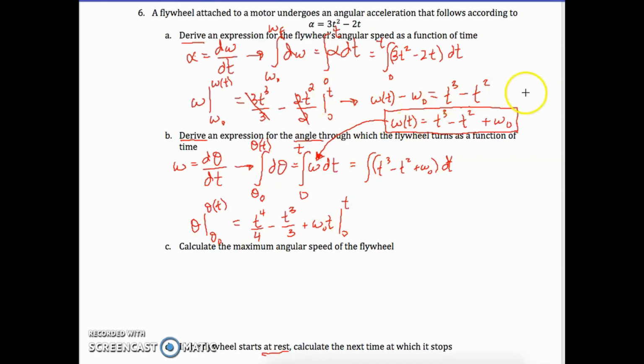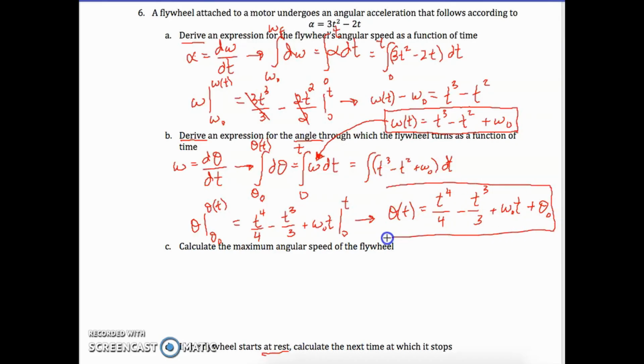The upper limit becomes all t's and whatever coefficients we have, and the lower limit turns out to be zeros. On this side, we will end up with theta t minus theta naught, just like we did with the omegas. And then we'll take the theta naught over to the other side. So we will have theta t equals t to the 4th over 4 minus t cubed over 3 plus omega naught t. And then this minus theta naught will become a plus theta naught on the other side. And there's our expression that we have derived as a function of time.